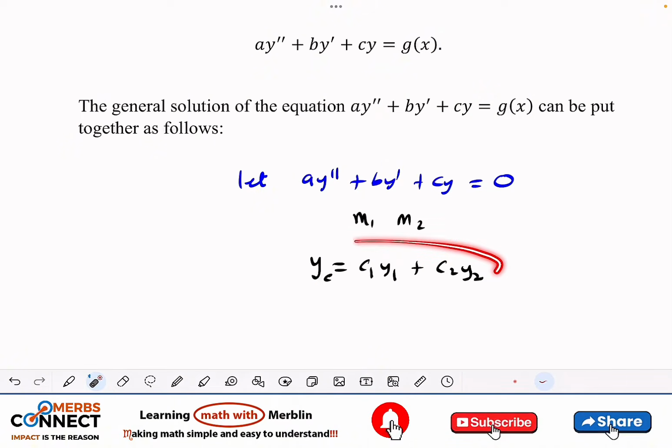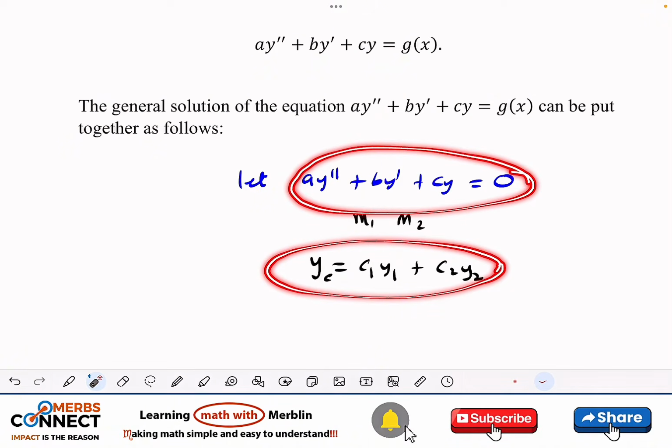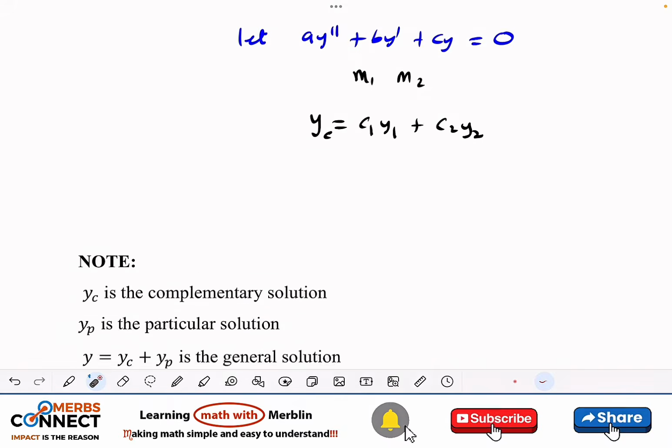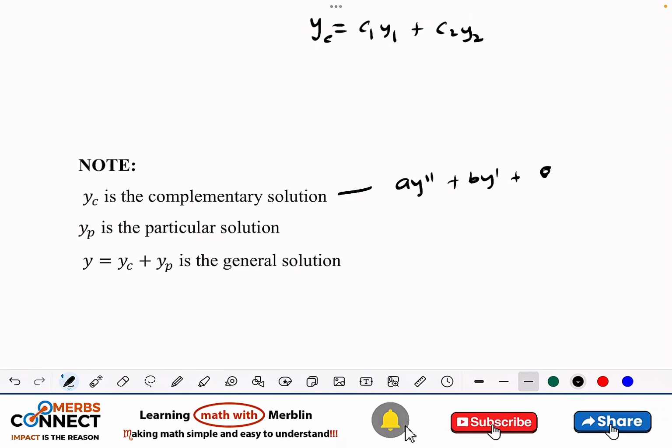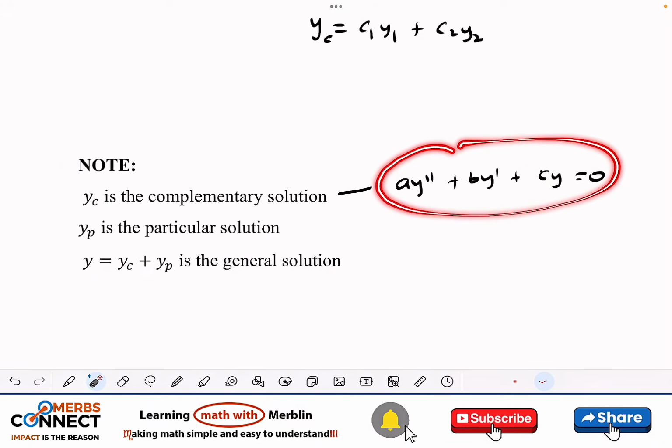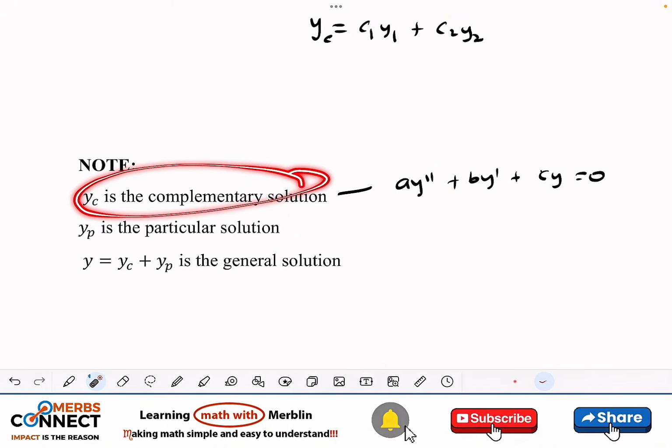Note that anytime you see yc, we are talking about the complementary solution, and this complementary solution always comes from the homogeneous aspect, ay'' + by' + cy = 0.